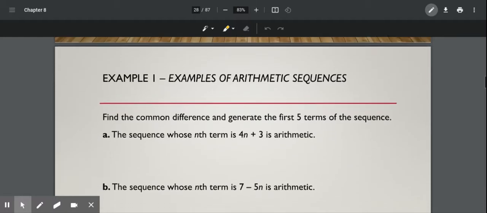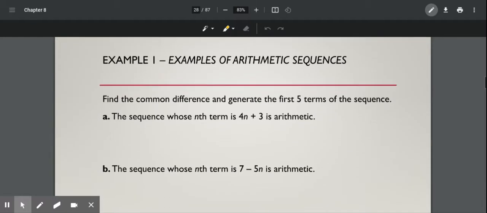If we look at this first example, it says find the common difference and generate the first 5 terms of the sequence. So if our formula for the sequence is 4n plus 3, the first term would be 4 times 1 plus 3, which would give you 7.